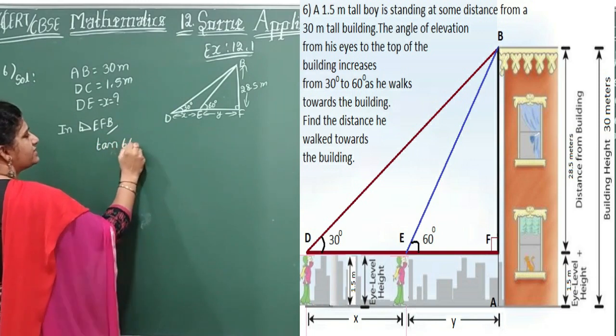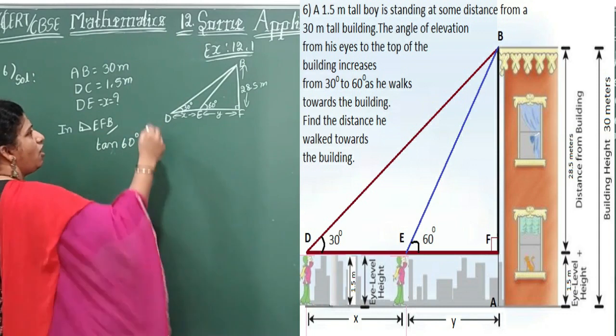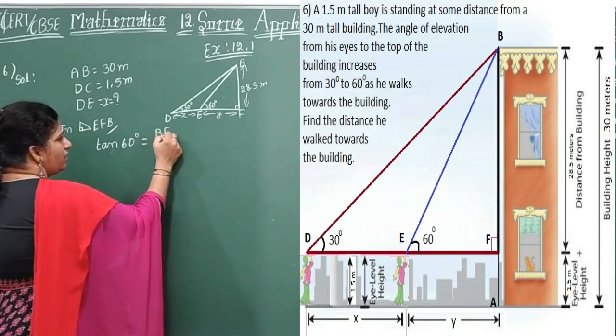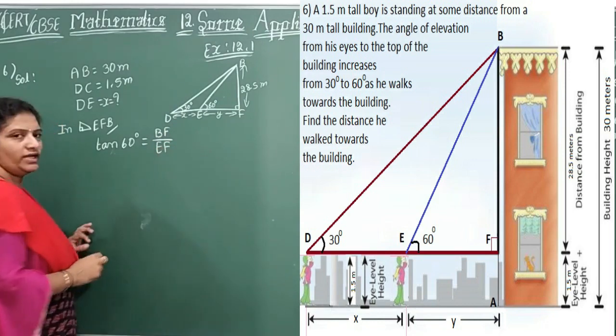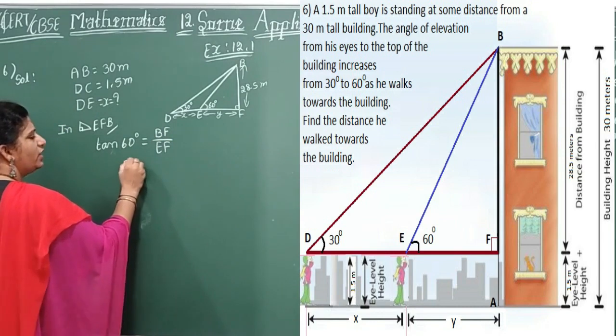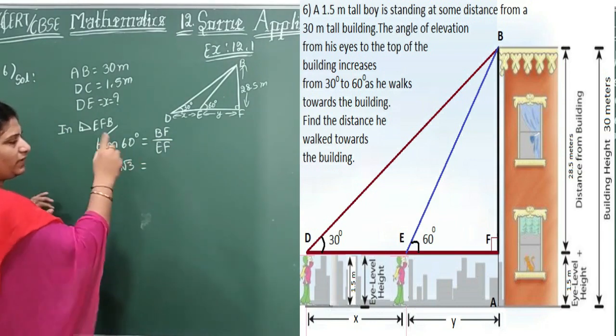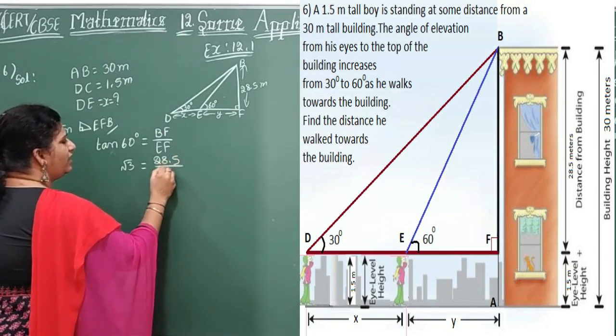Tan 60 degrees is equal to, what is tan theta, children? Opposite by adjacent. Yes. What is the tan 60 value here? Yes, it will be root 3. Root 3 equals BF value, which is 28.5, by EF.